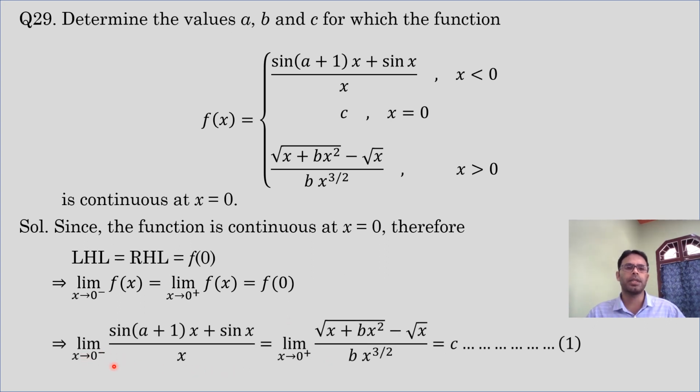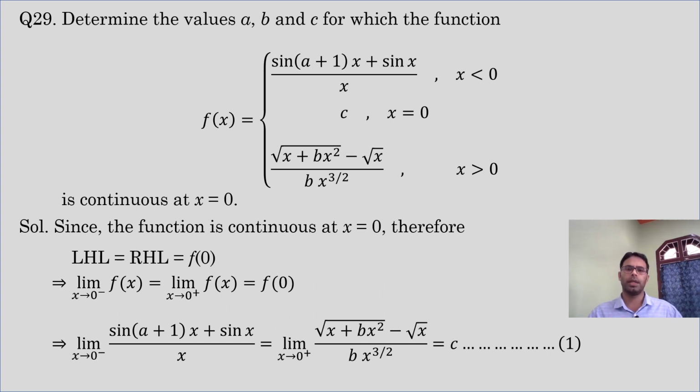Limit x tends to 0 minus means less than 0, so you take f(x) equal to this. x tends to 0 plus means greater than 0, so you take f(x) equal to this, and f(0) equals c. Mark it by 1.